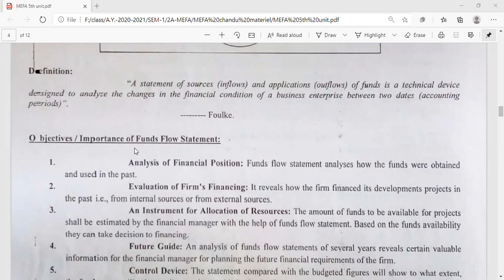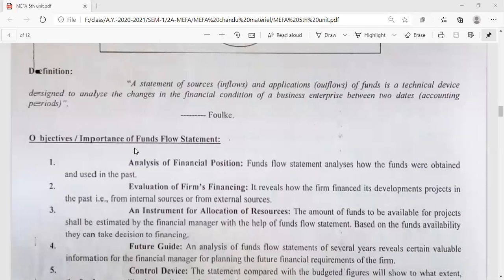It's totally nothing but the fund flow analysis.